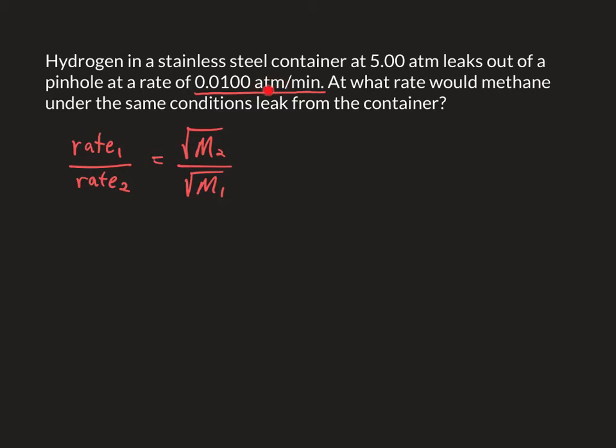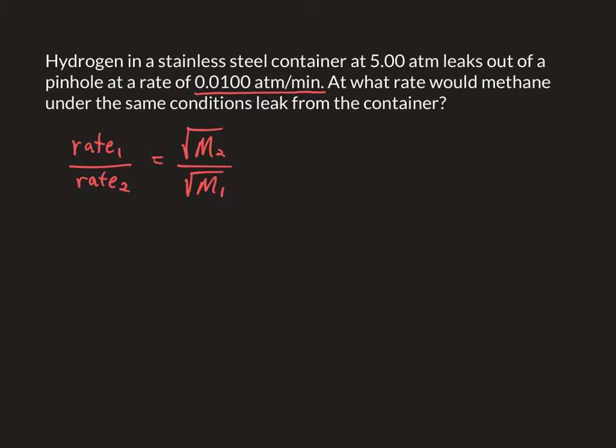Here we have an amount and a time. That's a rate. So whatever the units of one rate will be the units of the other. And so Graham's law is very flexible in terms of what kinds of units you use for the rate.